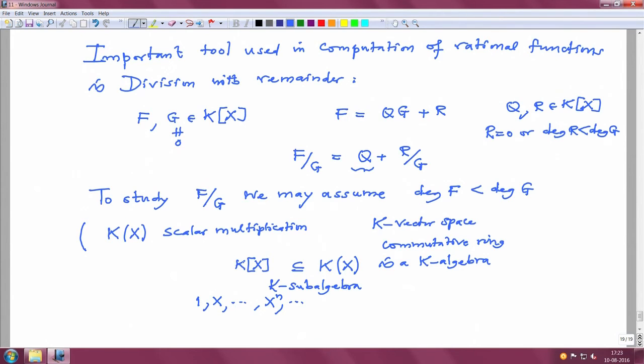Remember, 1 over x is never a polynomial. 1 over x is a rational function, in K round bracket x, but it can never be a polynomial. 1 over x cannot be invertible in the polynomial ring, because if there is a polynomial f which is the inverse, then you can write 1 over x times f equal to 1, and then shifting this x to the other side, this is equivalent to saying f equal to x.